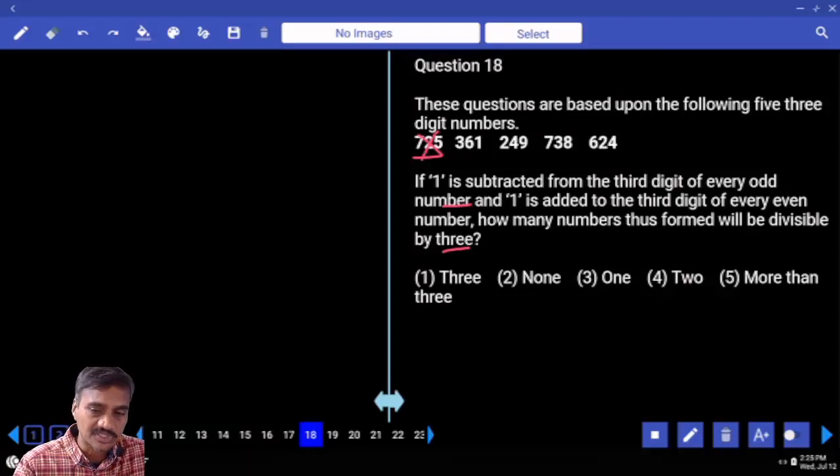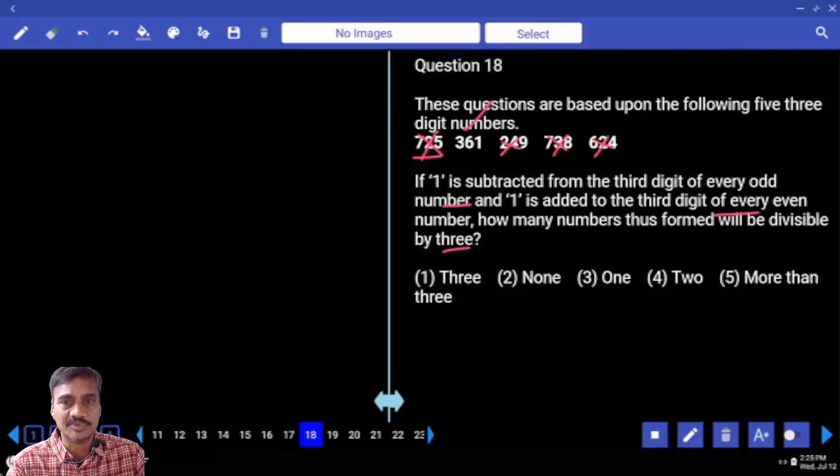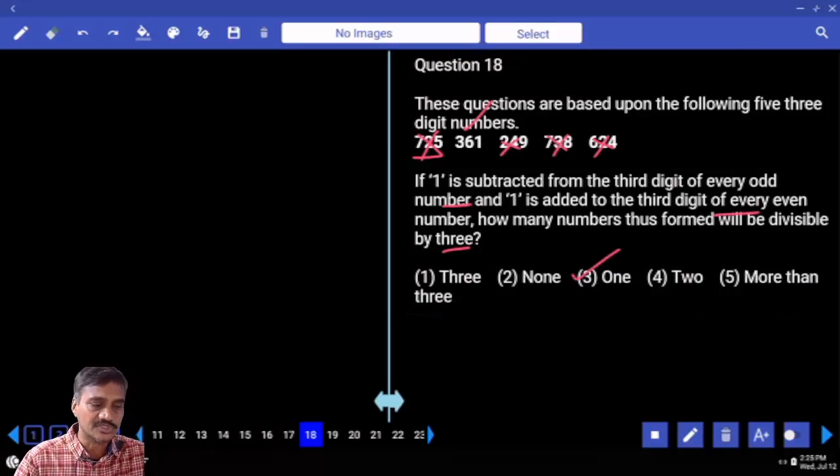Here 361: 10, and 10 minus 1, 9, it is divisible by 3. Now 9 plus 4, 15, minus 1, 14, not divisible by 3. Then even number, 1 is added. 18 plus 1, 19, not divisible by 3. And 14, and 12: 12 plus 1, 13, not divisible by 3. So only 1. What is that one here? 361, choice 3.